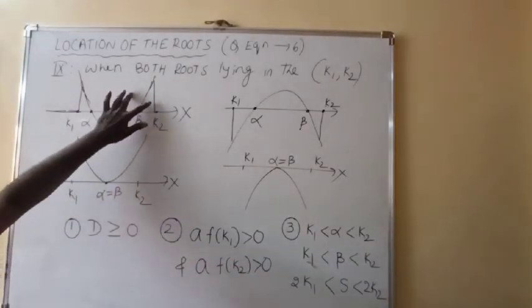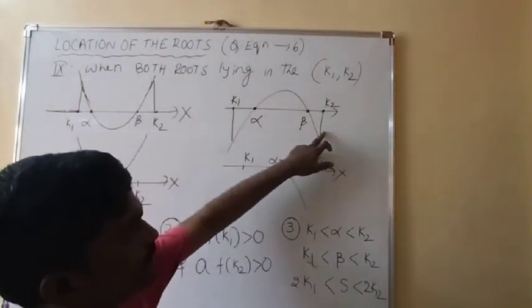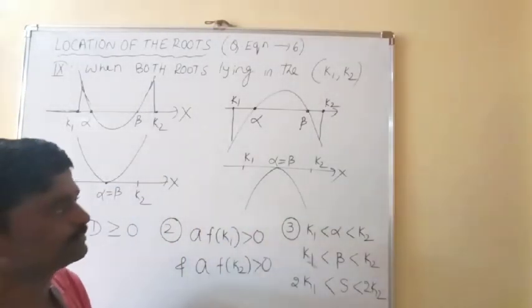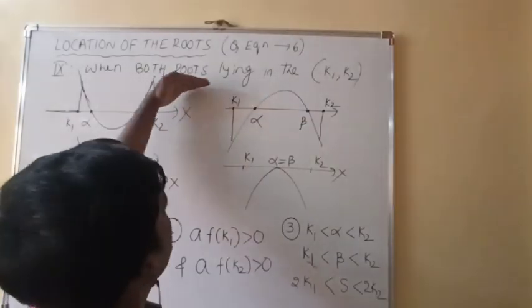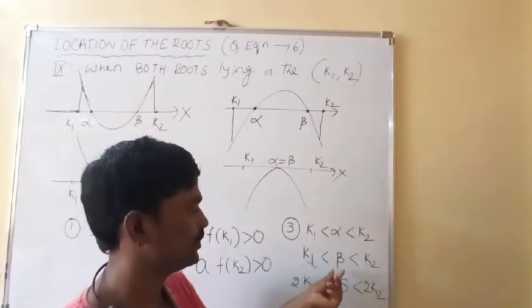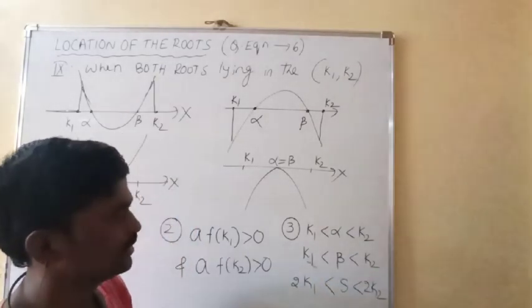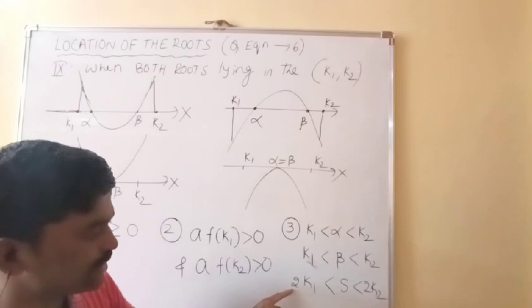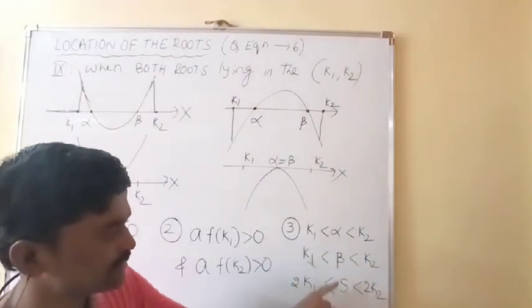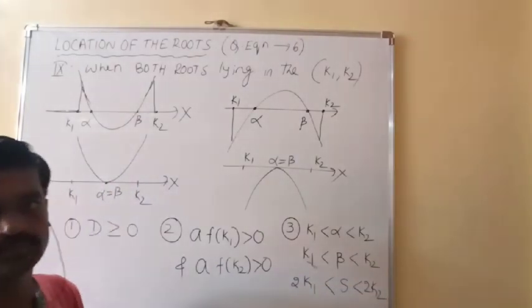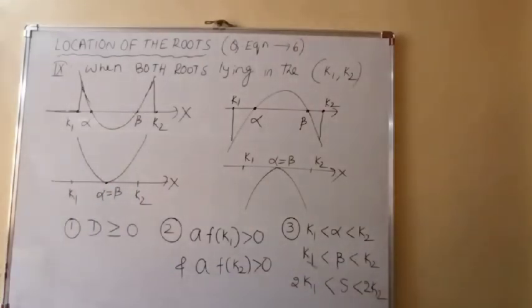When a positive, f of k2 positive, when a negative, f of k2 negative, so the product a into f of k2 is positive. And according to the question, both roots lie between k1 and k2, so alpha lies between k1 and k2, beta also lies between k1 and k2. Adding these two inequalities, k1 plus k1 is 2k1, alpha plus beta is the sum of the roots s, k2 plus k2 is 2k2. So these are the three conditions.